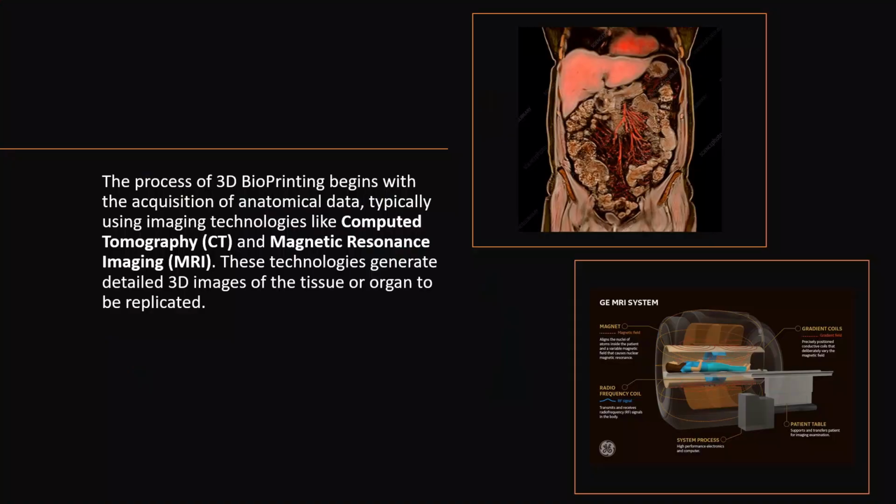The process of 3D bioprinting begins with the acquisition of anatomical data, typically using imaging technologies like computed tomography and magnetic resonance imaging. These technologies generate detailed 3D images of the tissue or organ to be replicated.